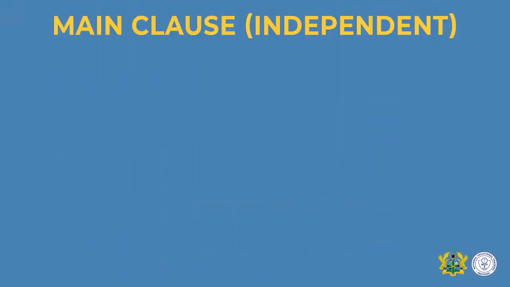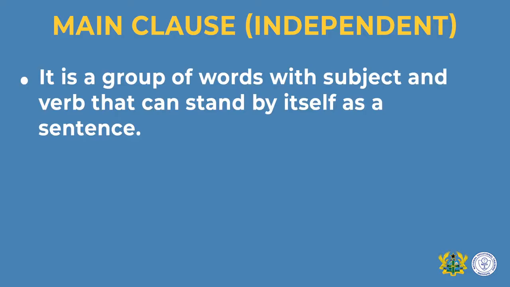First of all, let's look at an independent clause, or what we also call a main clause. A main clause is a group of words with subject and verb that can stand by itself as a sentence.